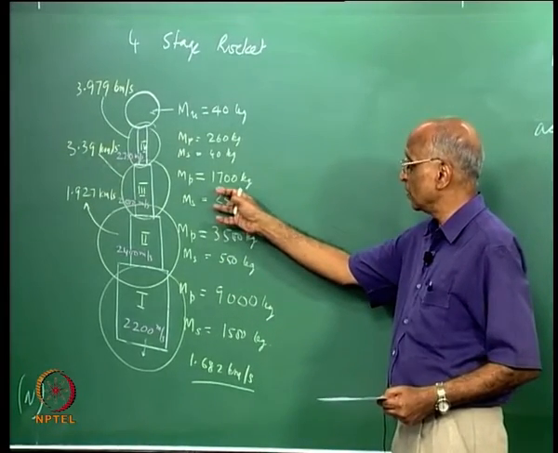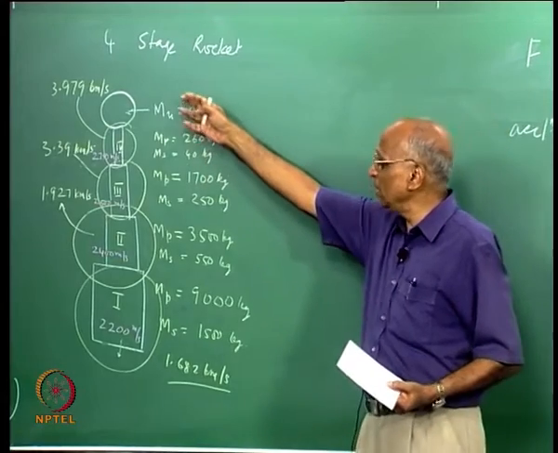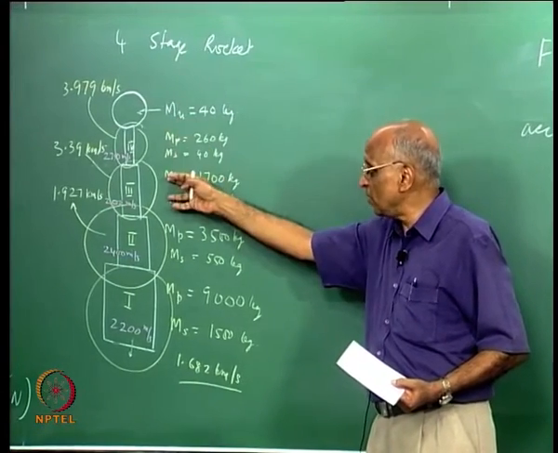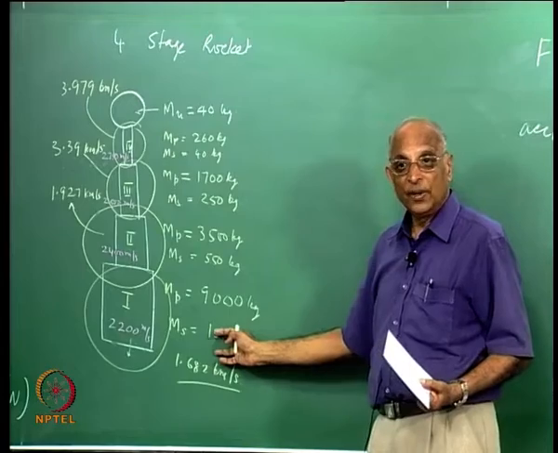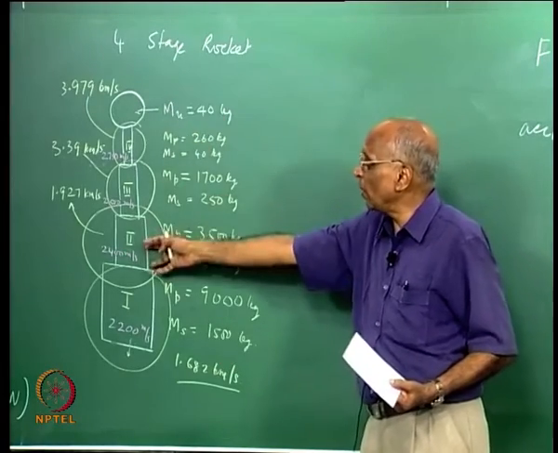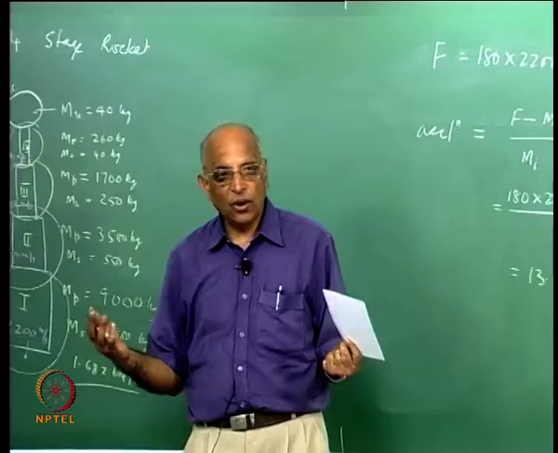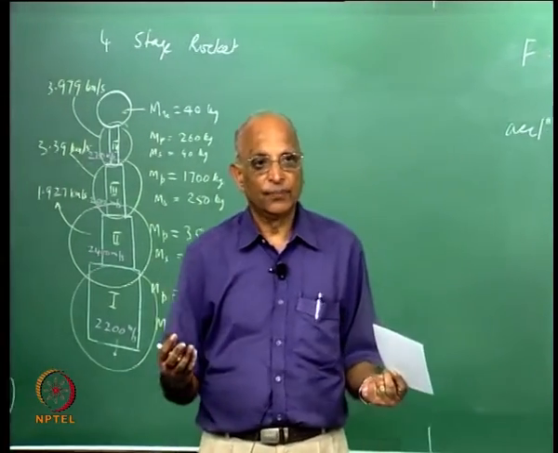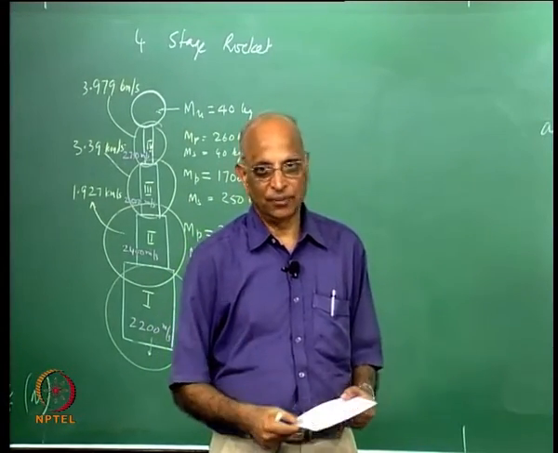I can calculate for the third stage and the fourth stage, and this is how we calculate the payload fraction, structural fraction, and similarly maybe a propellant fraction, and we calculate the total velocity and the acceleration. This is all about the way we calculate the theory of rocket propulsion, namely how much velocity is given.